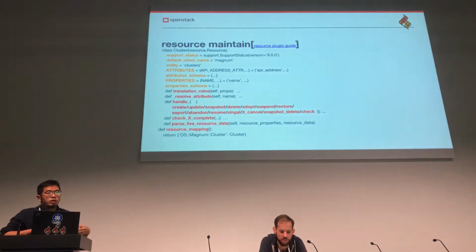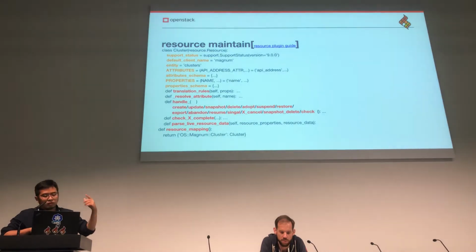If you're willing to do so, you can do it in your own environment, which is not breaking anything. It's not forbidden by Heat or by OpenStack. We actually have this structure for you to do it, and we have a resource plugin guideline if you want to learn how to do it. There is specific detail.